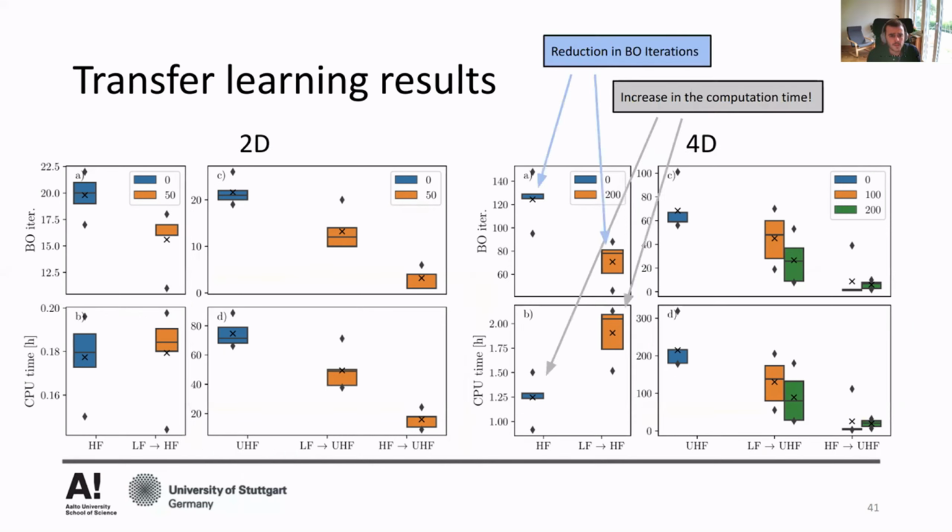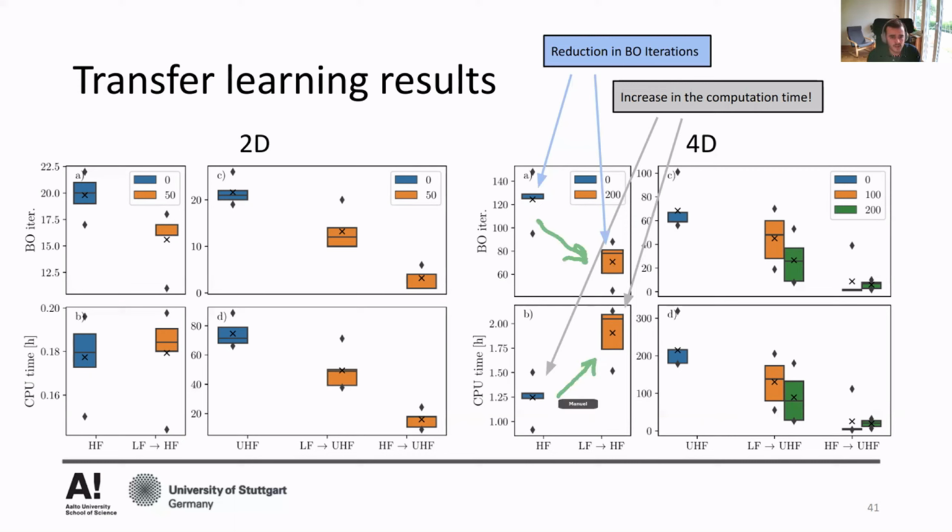So first of all, the 2D and the 4D experiments are very similar, so I'm going to discuss only the 4D results here. The first thing that we can note is that if we have high fidelity as the target fidelity level, then the number of Bayesian optimization iterations is going down while the CPU time is actually going up.